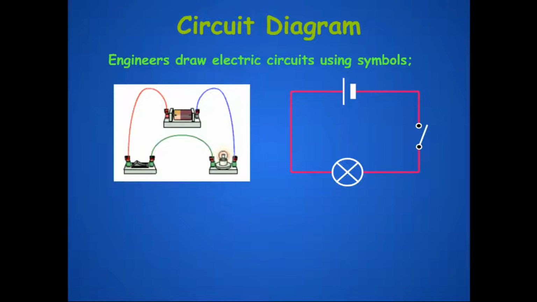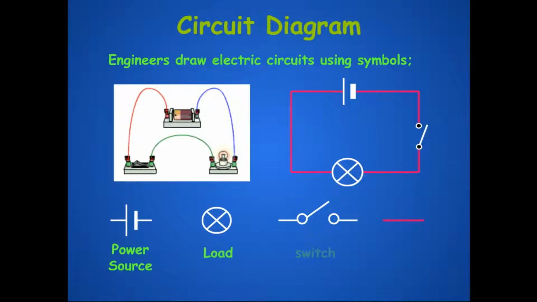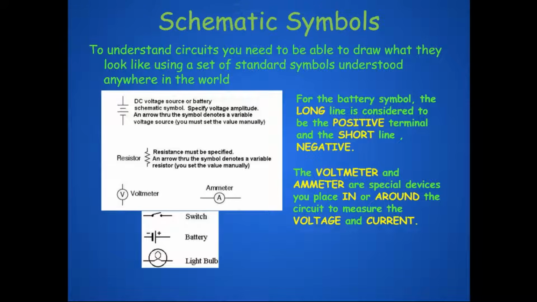Engineers draw electric circuits using symbols, such as the power source, the load, the switch, and the wires, as shown in this diagram to the right. To understand circuits, you need to be able to draw what they look like using a set of standard symbols understood anywhere in the world.